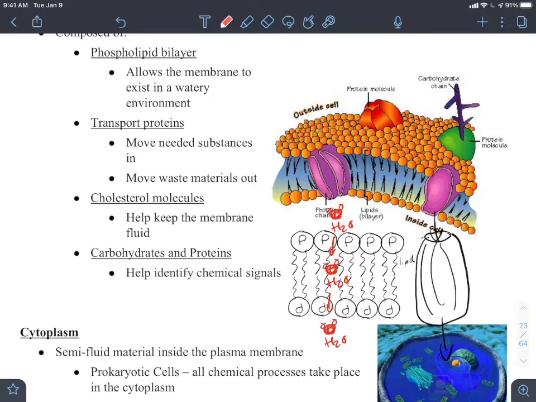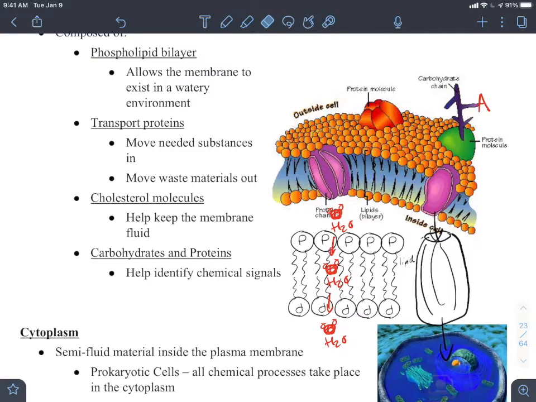So for an example, you may have heard of A, B, and O blood types. That is what's on here. So if you have an A hanging on the end of your blood cells, an A type carbohydrate, then that blood cell will be A type blood.